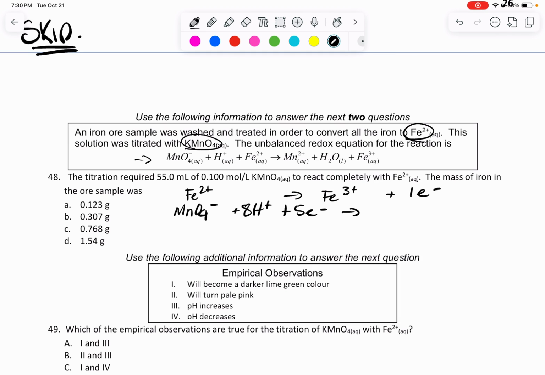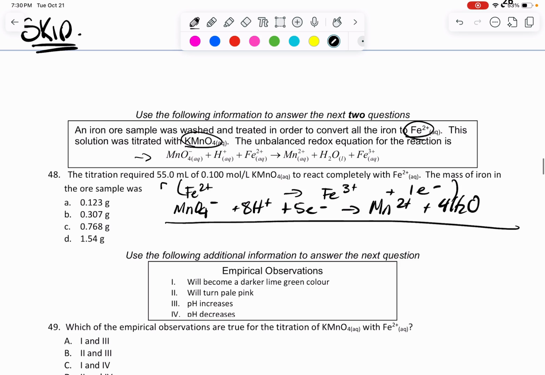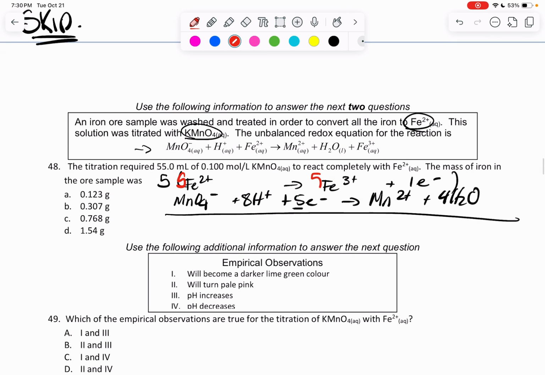We've written this many, many times. Mn2 plus 4H2O. I have to multiply the top by 5 to get our lowest common multiple again. So 5 Fe2 plus, 5 Fe3 plus, and 5 electrons.